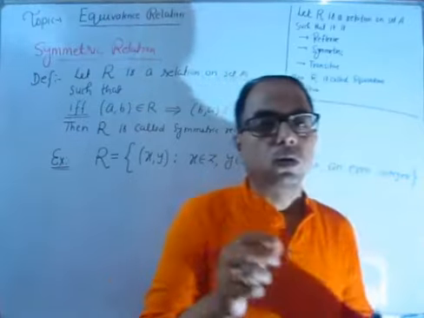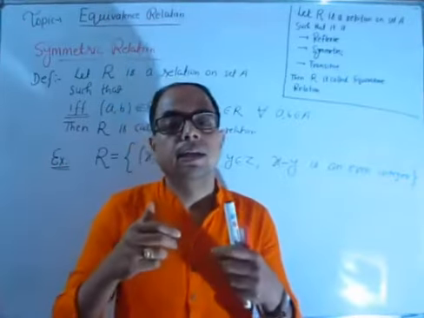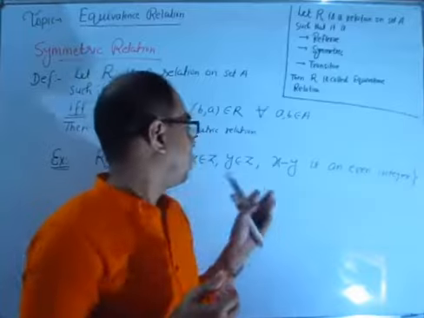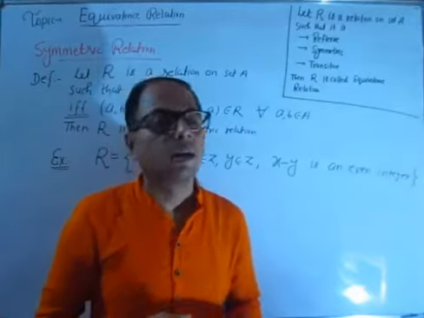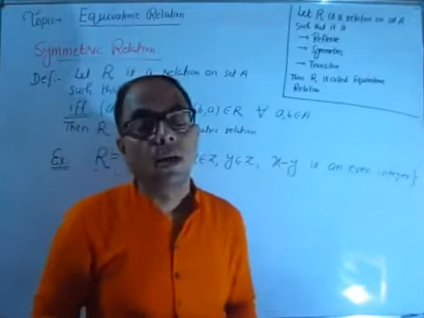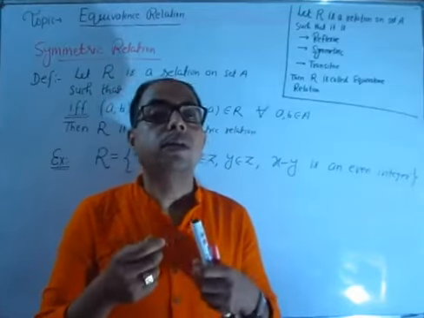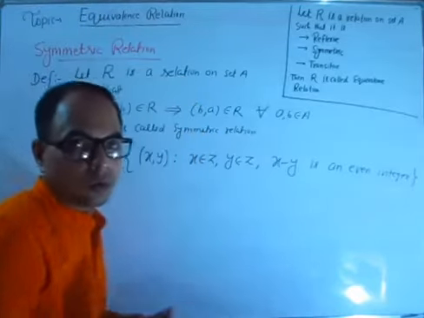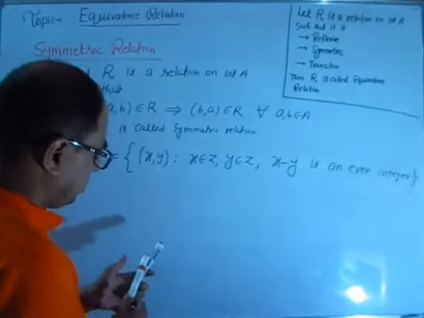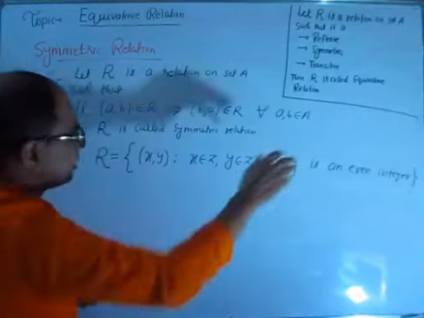Clear? So if you want to prove symmetricity of any relation which is given in set builder form, then prove it in a general way. So what is the general way to prove symmetricity? Look here.